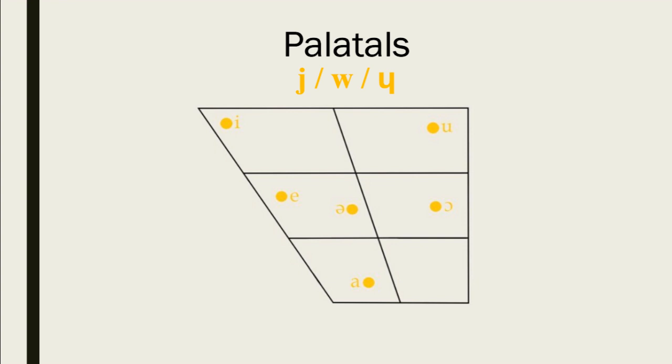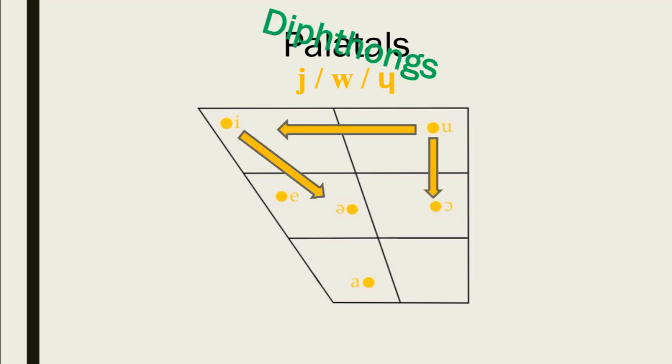Returning to the idea of palatals, the y sound, the w sound, the h sound in French, we are going to realize as diphthongs. This is not unusual in languages for the y sound to be like an ia or an ie sound. And because we know that Malagasy speakers can pronounce diphthongs and they have them in their language, it makes complete sense for us to recategorize them as diphthongs instead of as consonants for an easier understanding of the actual phoneme inventory.